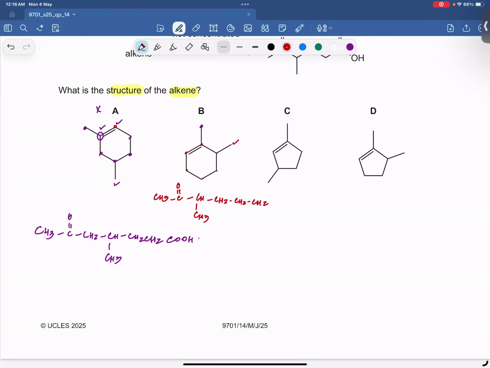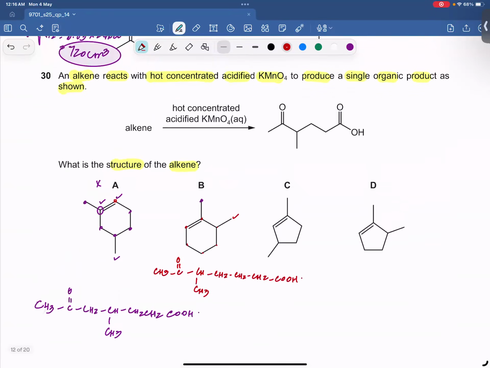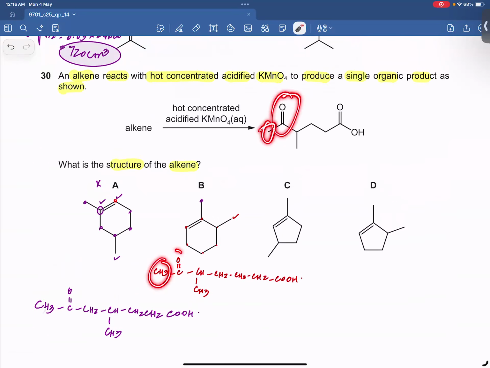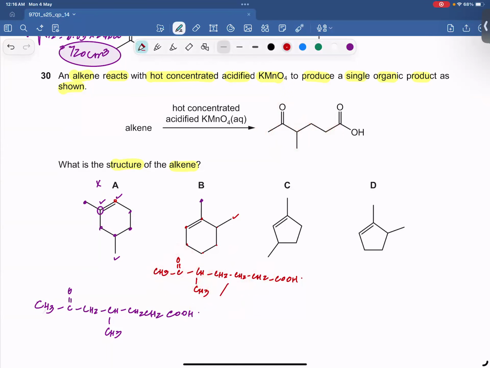And this CH is basically COOH. Let's tally the structure. CH3, CH3, CO, CO. This is CH, this is CH, this is CH3, this is CH3, CH2, CH2, CH2, CH2. Then we have CH2, and there is no CH2 here, which means CH2 is missing, right? So this structure is not correct. Let's talk about option C.